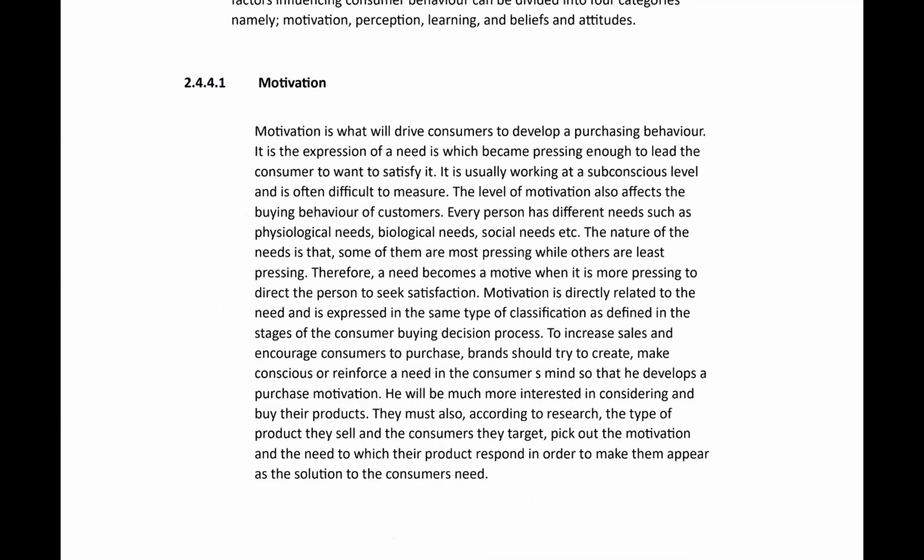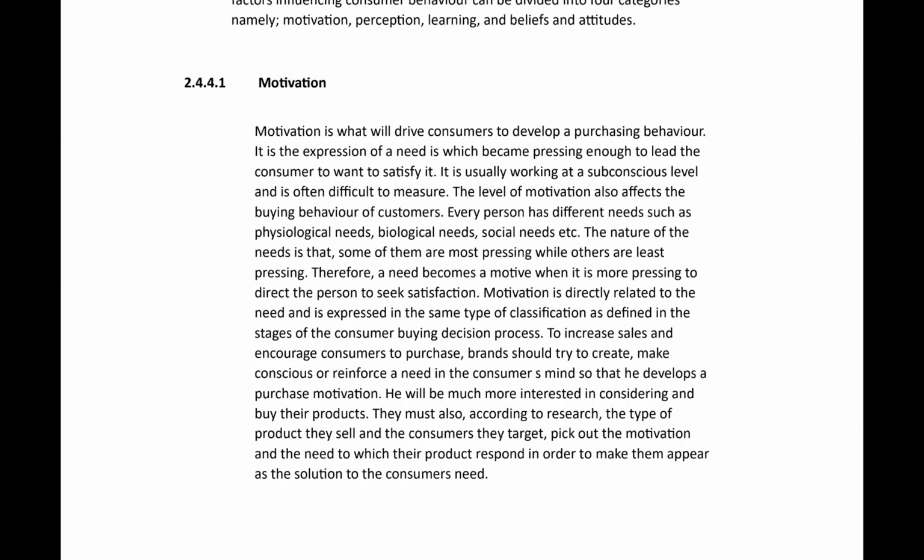Let's say, for example, is there a need to buy this particular thing? Does it really satisfy our desires? So the level of motivation does affect the buying behavior of an individual. Every person will have different needs, such as psychological, sociological, physiological, biological, social needs, among others.